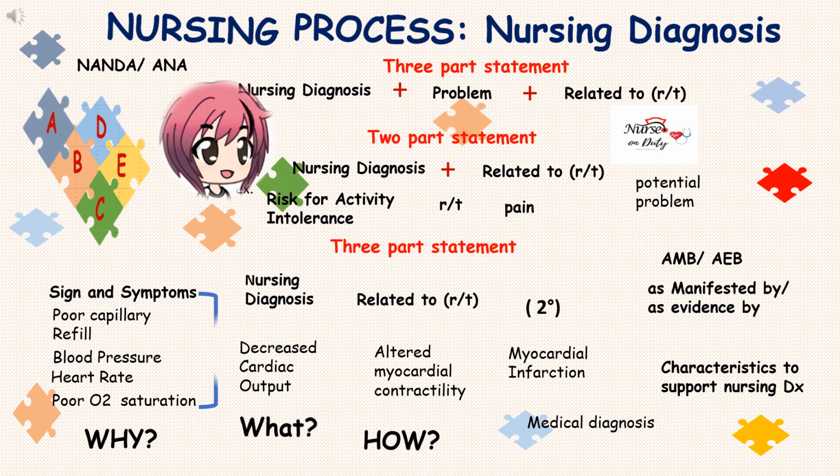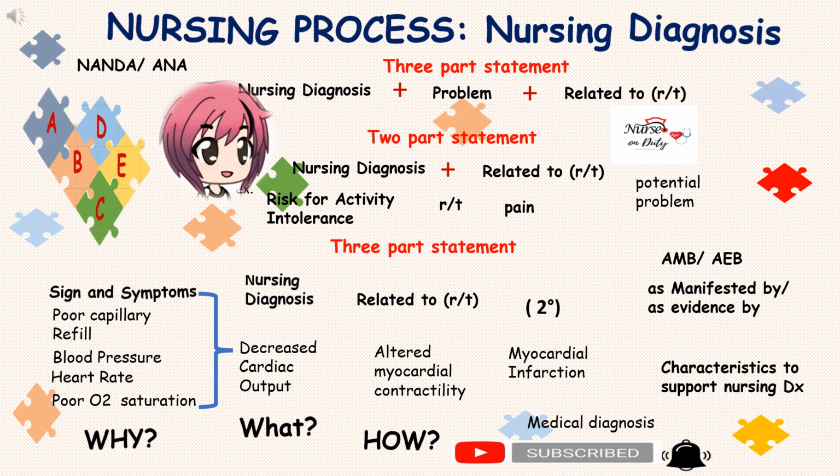Dapat lalabas yung mga data na sinasabi mo, na pinoprove mo na meron siyang decreased cardiac output. Kung may decreased cardiac output ka, alin yung titingnan mo? Una, for yung perfusion reaching into the peripheral system, capillary refill is one good example. Blood pressure, heart rate ng patient, it's either tachycardia or bradycardia. For oxygen saturation, so dapat nakalagay yun sa data mo na masasabi mo, this is because of decreased cardiac output.